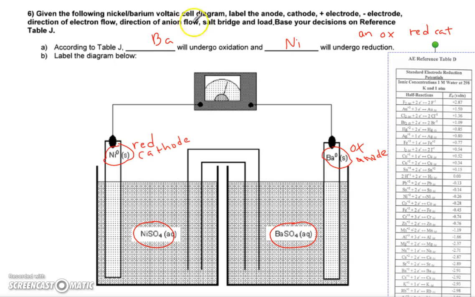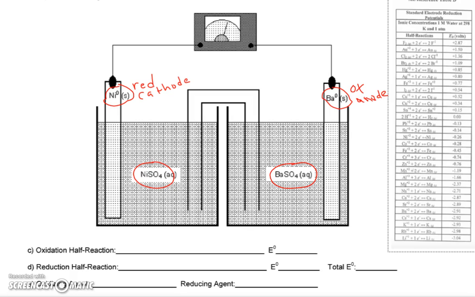So if we scroll down the page a little bit to see what's happening in the later part of this problem set, we can write the oxidation half-reaction as the following. We're starting at Ba0, and it's turning into Ba2+ plus 2 electrons.